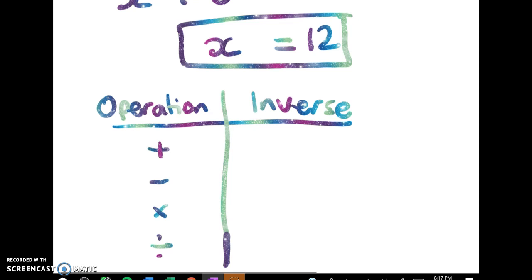So if I have addition, the opposite operation is subtraction. Addition is the plus, and the opposite is the takeaway. If I have subtraction, the opposite is addition. If I have multiplication, the opposite is division. And if I have division, the opposite or inverse is multiplication. So that's going to get me through a bunch of equation types. We're going to look at these on the next slide.